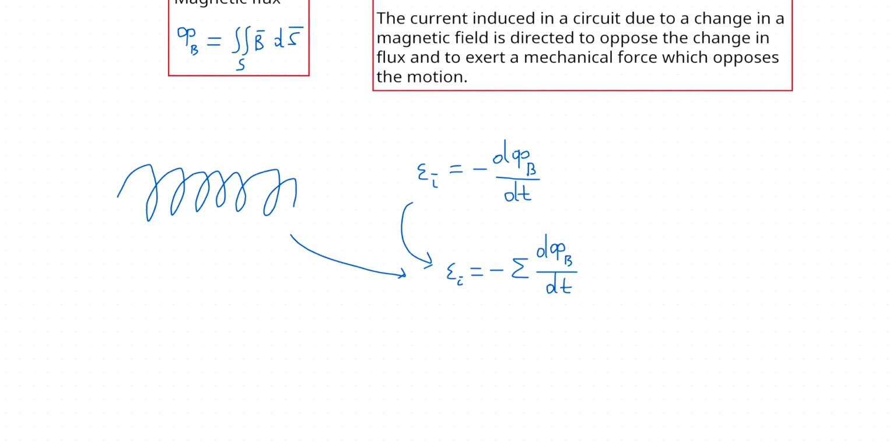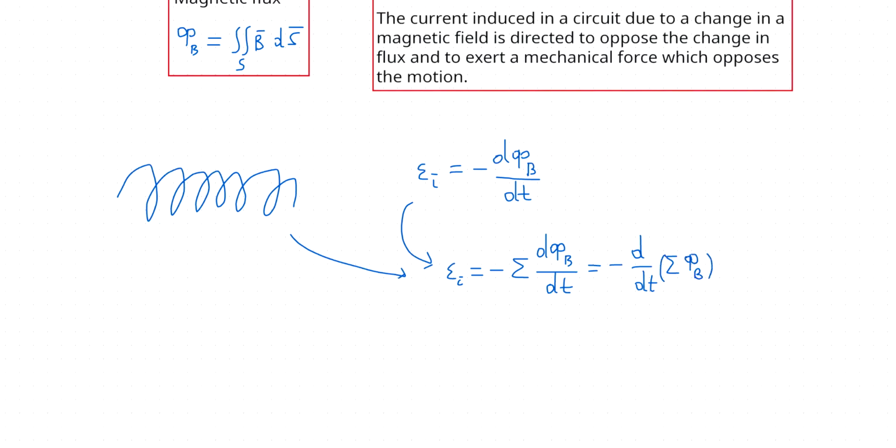And as you know from calculus course, we can change places of derivative and sum. So it may be written as d by dt of the sum of magnetic flux.